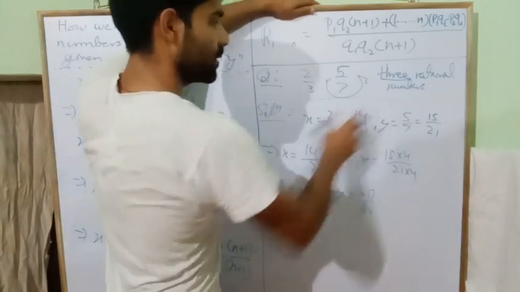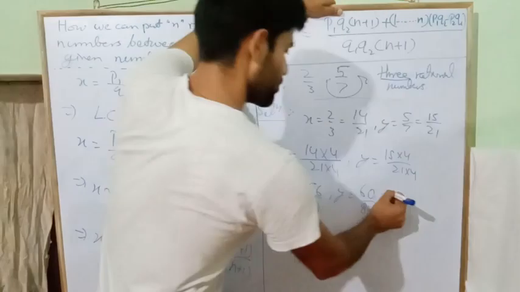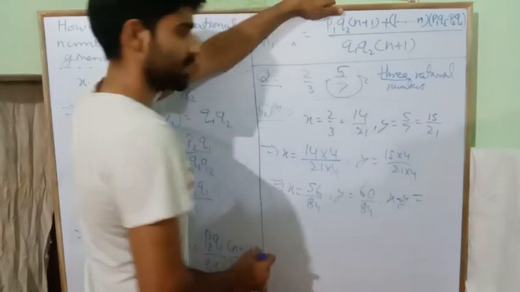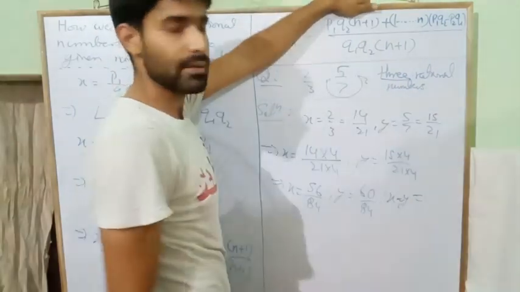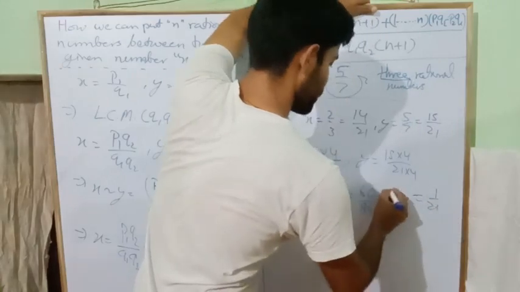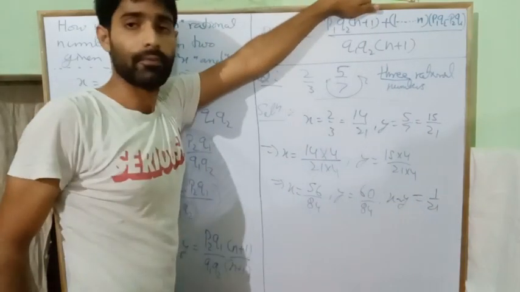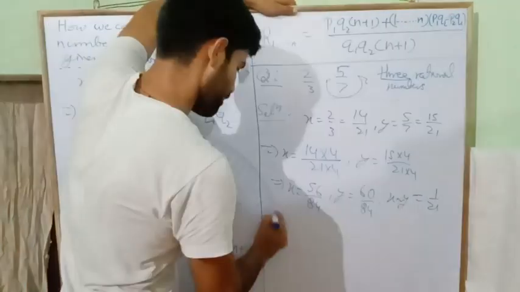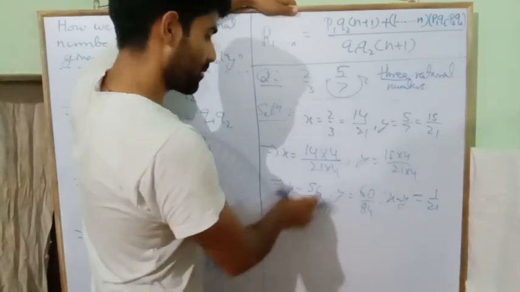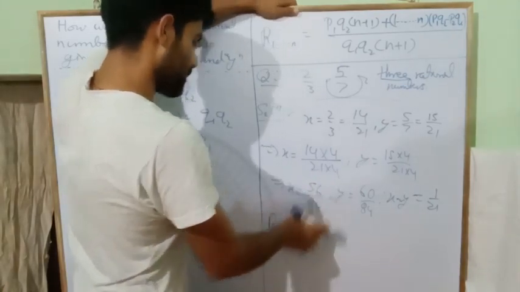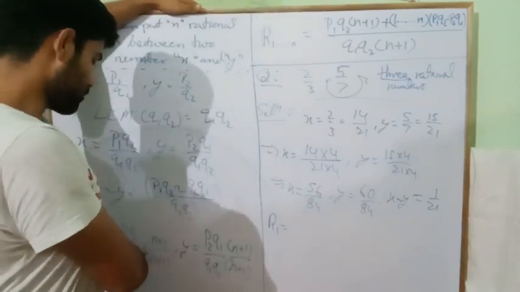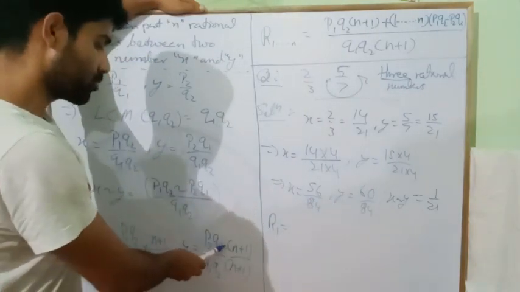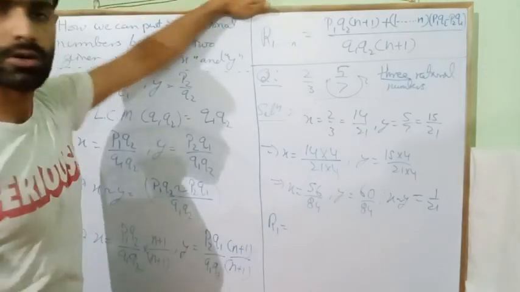From this we can also find the difference between them: x curly minus y is equal to 15 minus 14, which is 1 upon 21. Now put all the given data in the formula. We have R1 is equal to the form p1 q2 n plus 1 upon q1 q2 n plus 1, and the other of the form p2 q1 n plus 1 upon q1 q2 n plus 1.